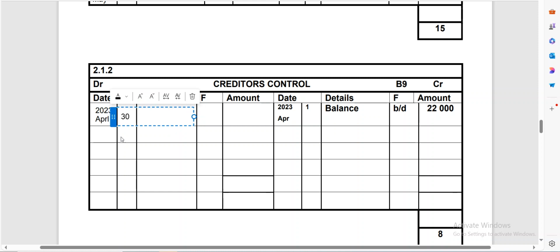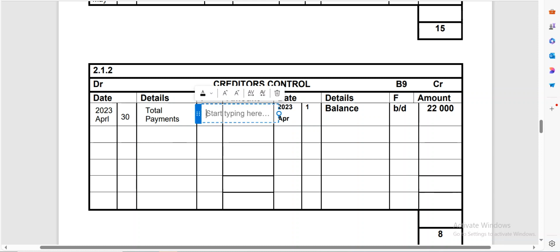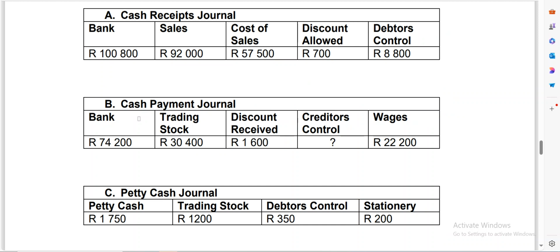There's somewhere where we paid, so we'd say total payments here, total payments, and then this is from the CPJ. So even if maybe I don't know how to get that amount, I'll have 1 mark at least for knowing that this is supposed to be bank or total payments. And then we'll look for the amount after, and then let's check anyway where we are seeing creditors control.